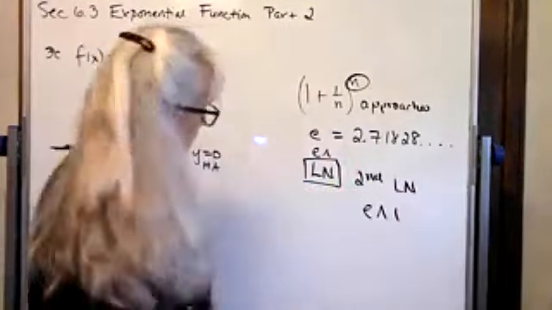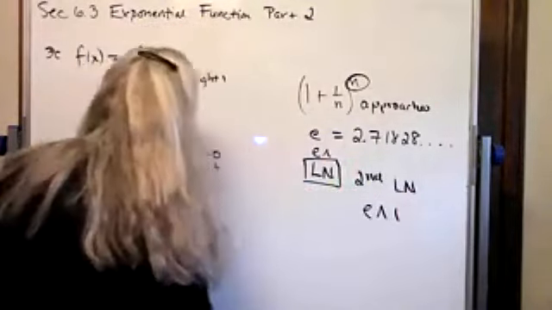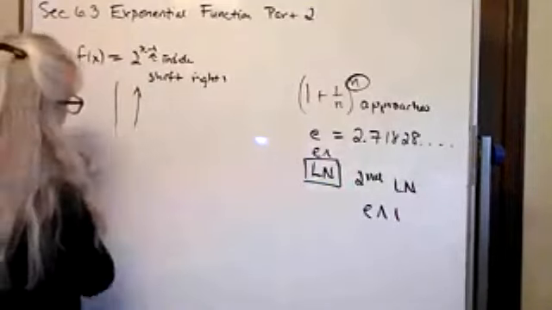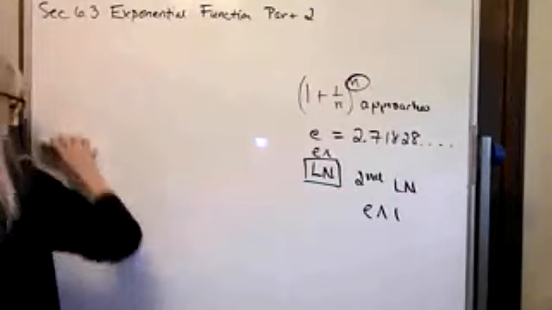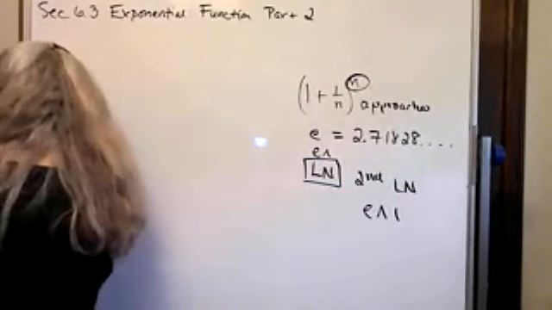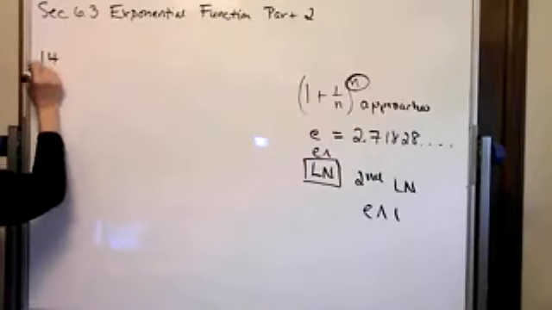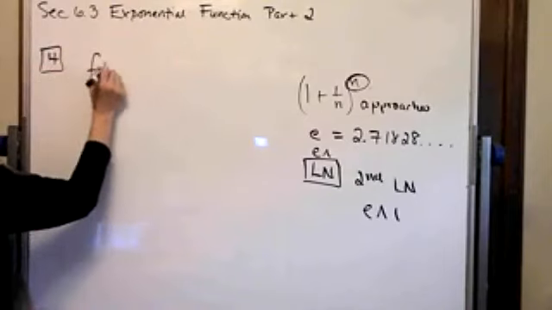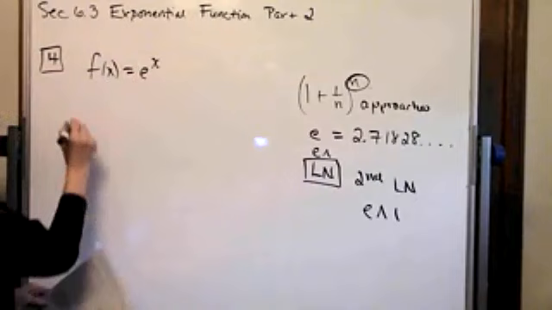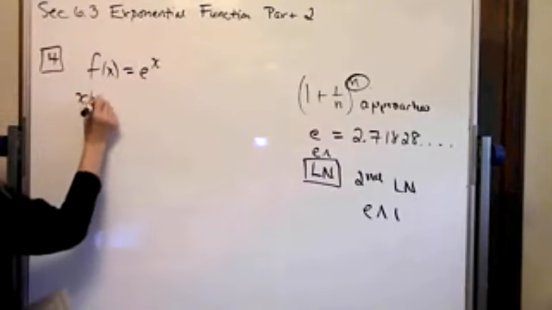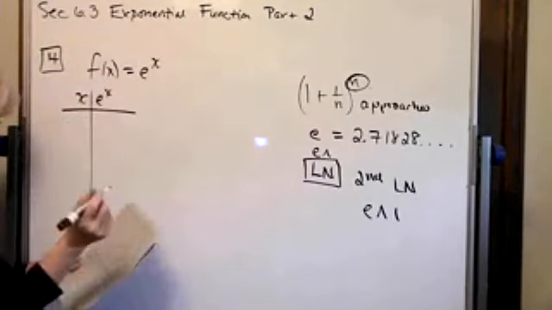So, okay, let's graph it and see what happens. So again, we're going to build a table of values just to get a feel for it. So this is example 4. We're going to use that key on the calculator to graph f of x is equal to e to the x. So here's our x, here's our e to the x, and we're plugging in -2.